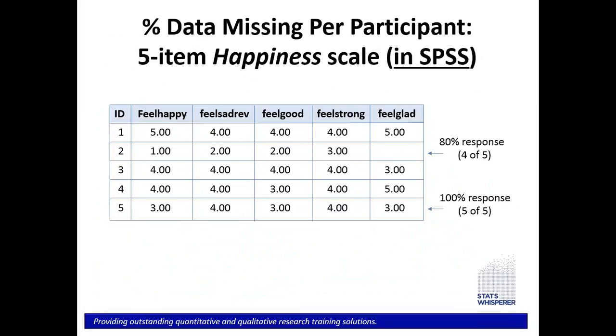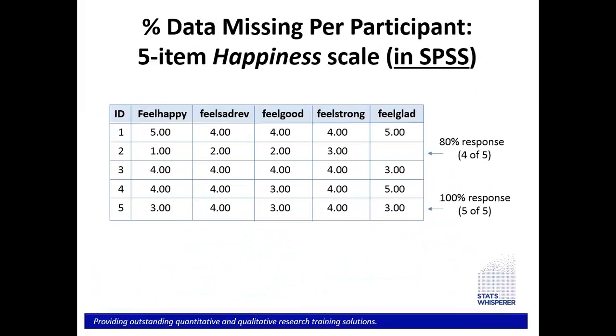All right, so suppose we go into our data view of SPSS, and we're looking at the first 5 IDs for the 5-item happiness scale. Okay, so we could say these are the 5 items that make up the happiness scale. Feel happy, feel sad reversed, feel good, feel strong, and feel glad. Now there's only one missing data point, and that reflects the study survey, right?